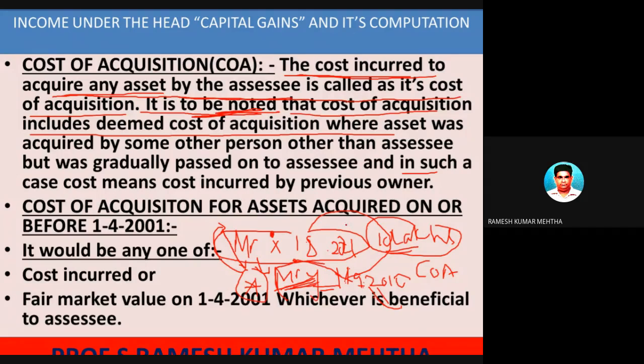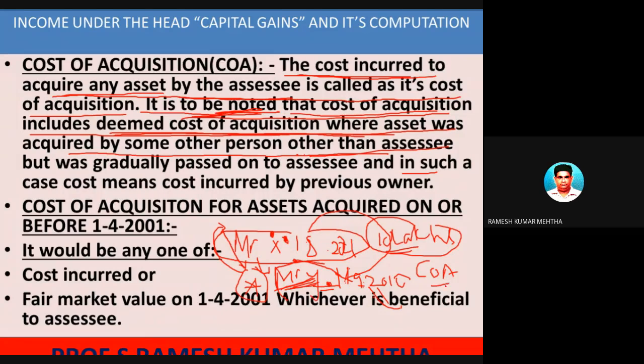So that is the meaning of this particular sentence. It says that the cost of acquisition includes deemed cost of acquisition where the asset was acquired by some other person other than the assessee.